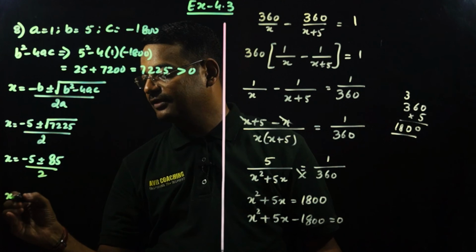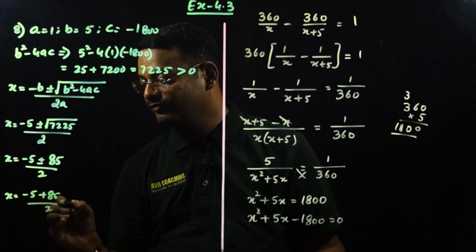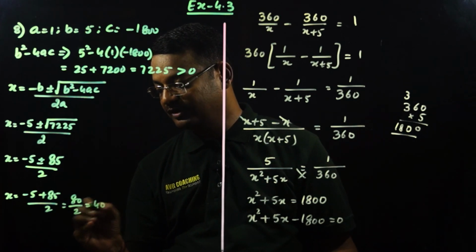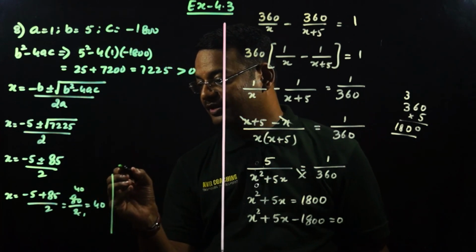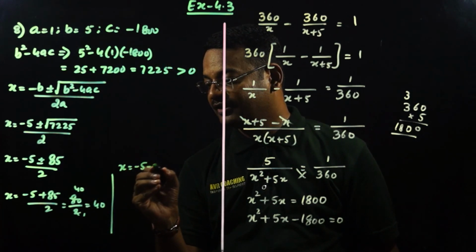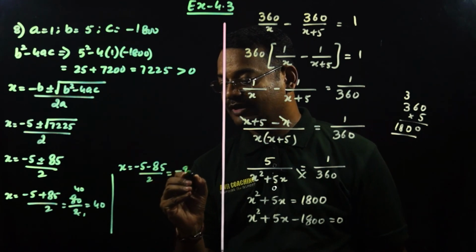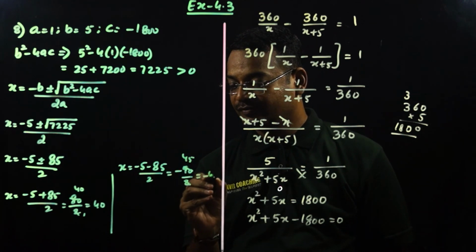Here x can be minus 5 plus 85 by 2, which is equal to 80 by 2, which is 40. That is, 4 ones are 4, 40. And x can be minus 5 minus 85 by 2, which is equal to minus 90 by 2, which is equal to minus 45.